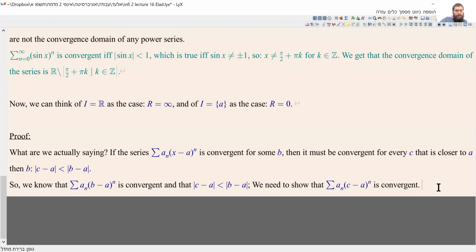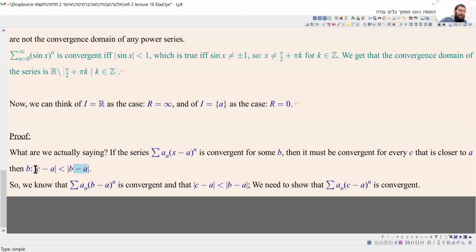Okay, so how do we do it? Intuitively, the series with B is convergent, and the series with B is greater than the series with C. So, comparison test.